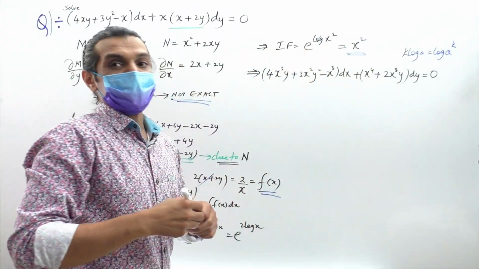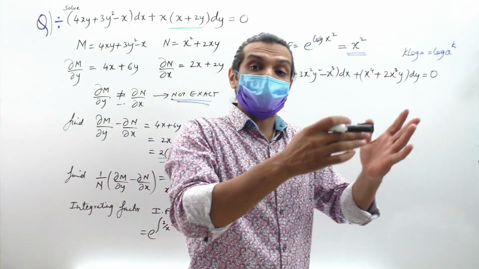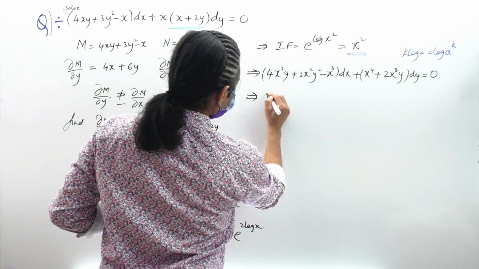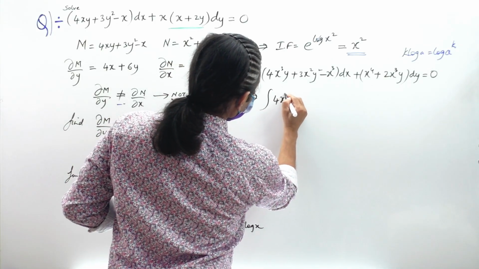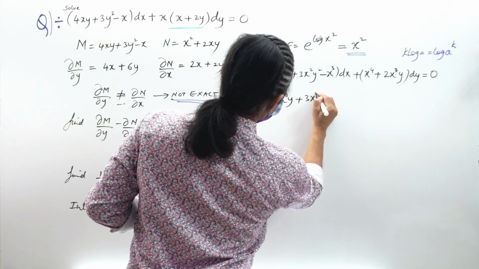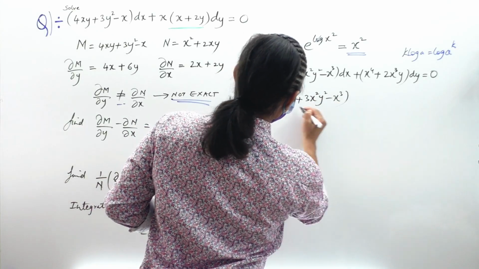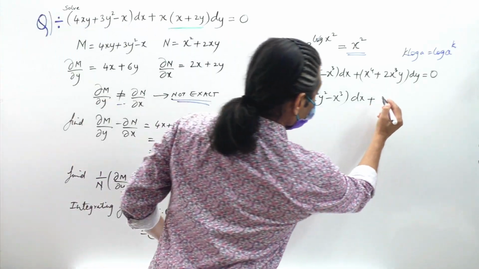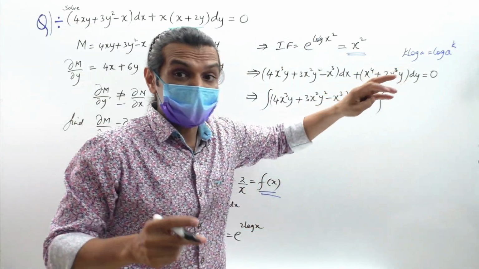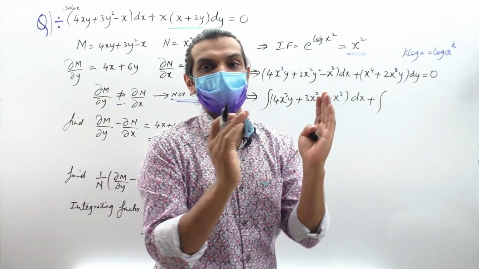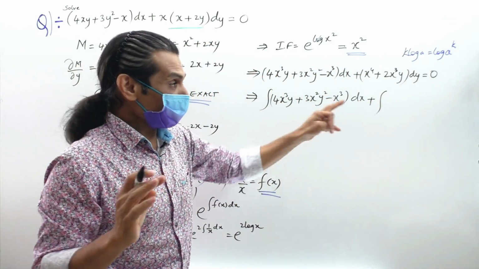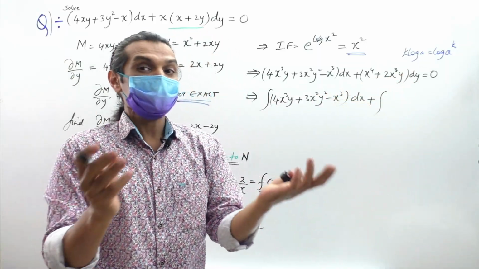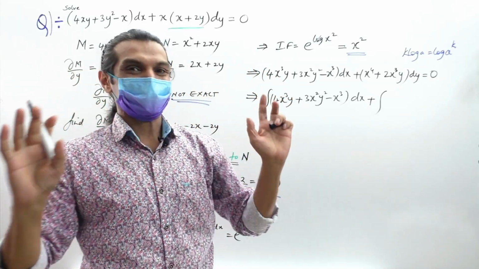Now when it is exact, the solution as you know is M dx plus N only y terms dy is equal to constant. So write the solution here: integration of 4x cube y plus 3x square y square minus x cube dx, integration of M all terms dx, plus N only the terms independent of x, only y terms or constants, no x is allowed. x raised to 4 not allowed, x to y no, we need plain y terms or constants, no x allowed.